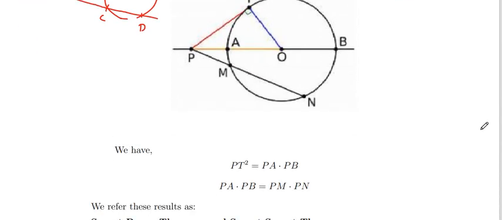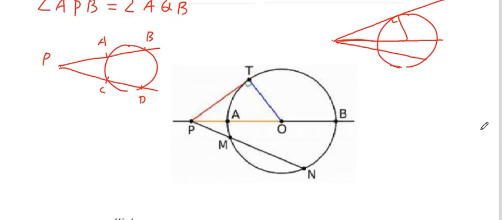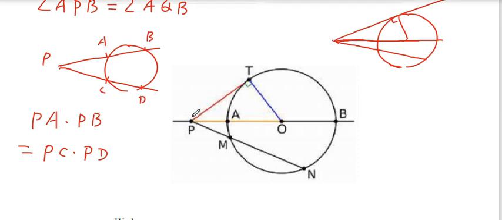So we have this result: PA multiplied by PB equals PC multiplied by PD. A typical situation is if PT is a tangent line: PT square equals PM times PN, or equals PA times PB.